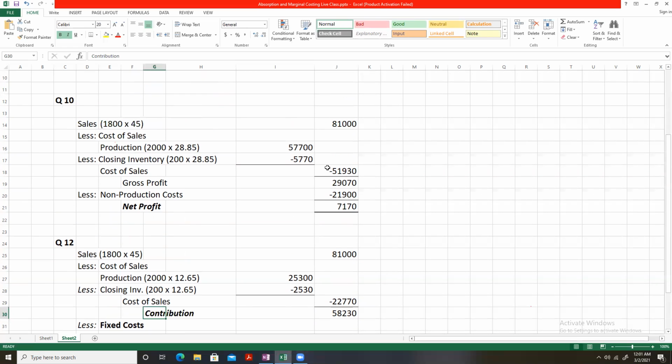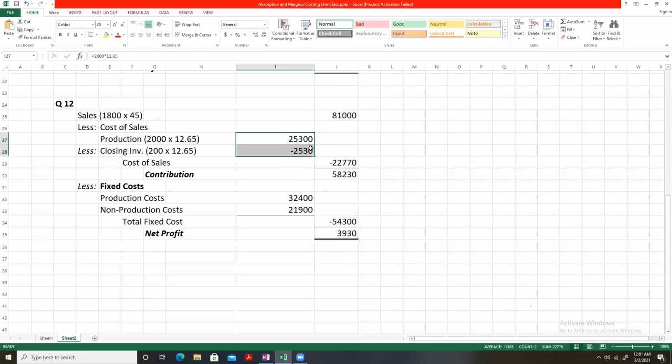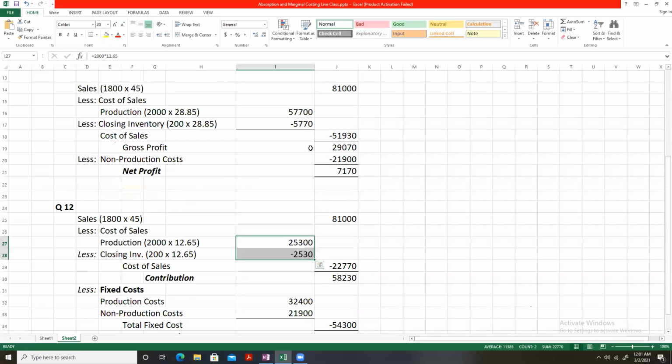That difference has arisen because of the way inventory is valued under the two approaches. In absorption costing, we added production overheads to the values of inventories. But in marginal costing, we only took the two variable costs, the material cost and the labor cost.